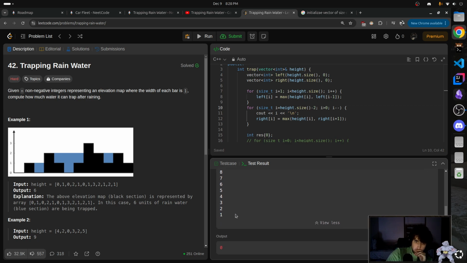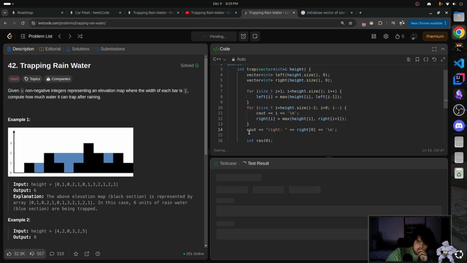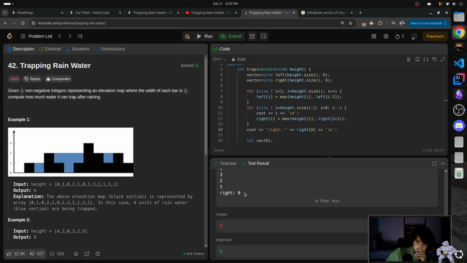Wait, but I want it to go to 0. Yeah, that's not true. It should be 3.